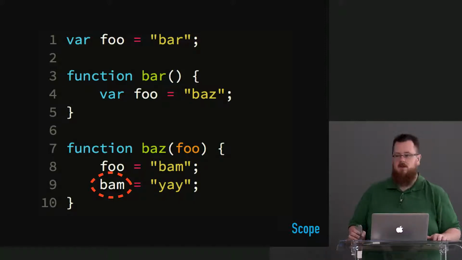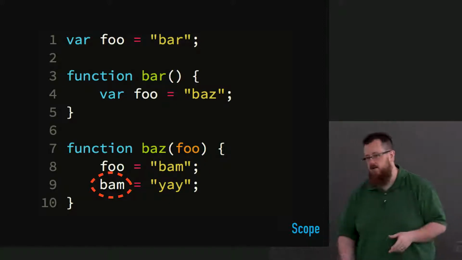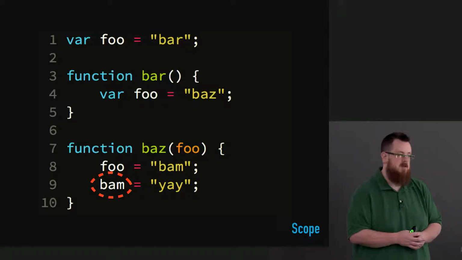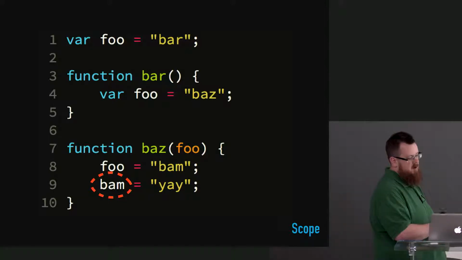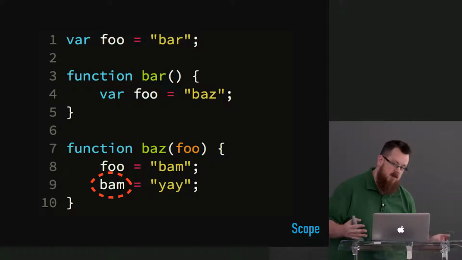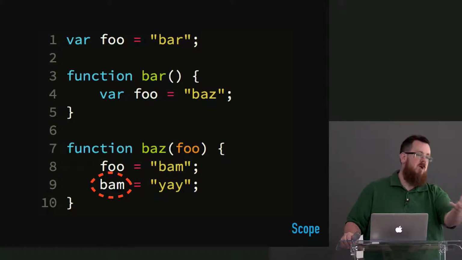Doesn't exist. It would be nice if it said no or threw an error or any of those things. But unfortunately, we have a historical decision made early in JavaScript to be more friendly and forgiving, I suppose. What the global scope will actually say is, well, no, but I went ahead and created one for you anyway.